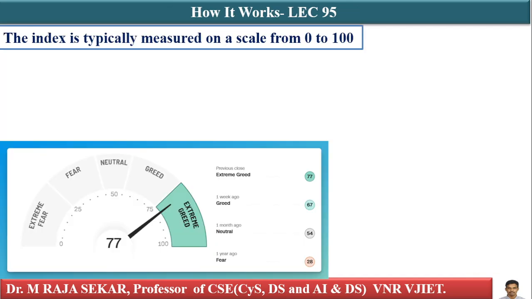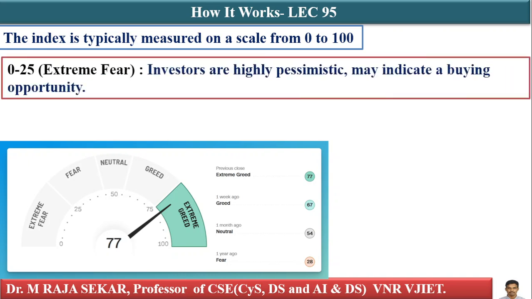How it works, let us try to understand. The index is typically measured on a scale from 0 to 100. 0 to 25: investors are highly pessimistic and stocks may be undervalued. That may be a potential buying opportunity.